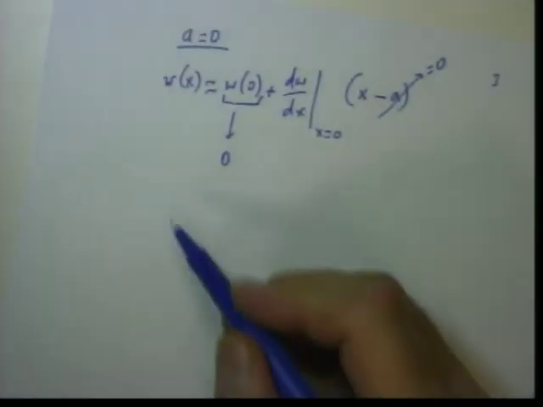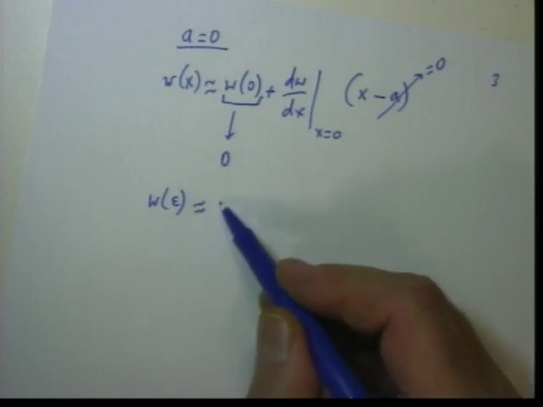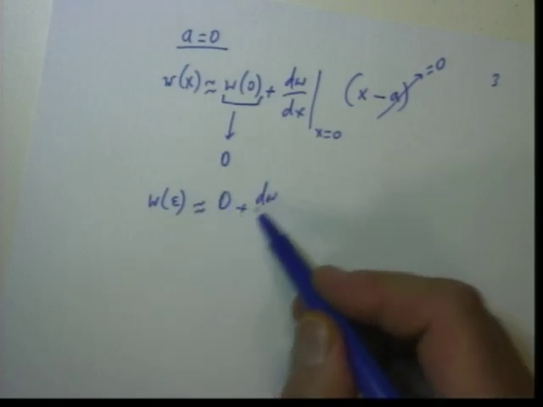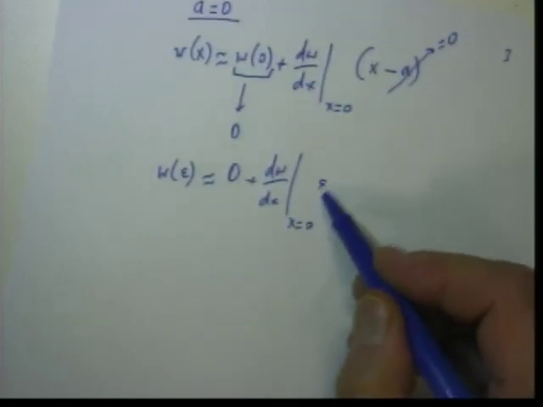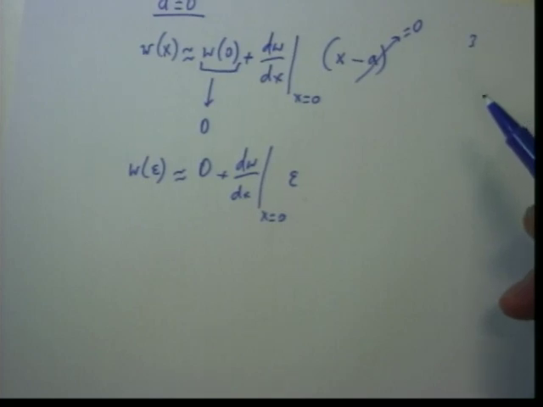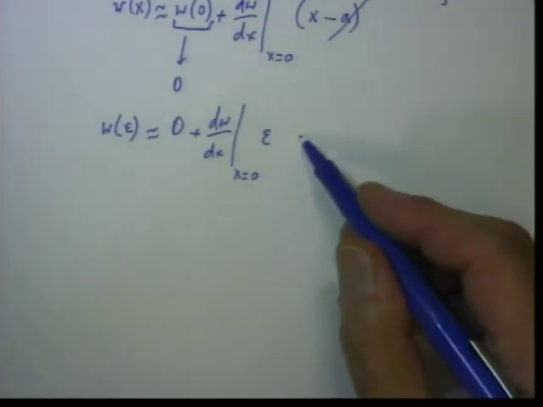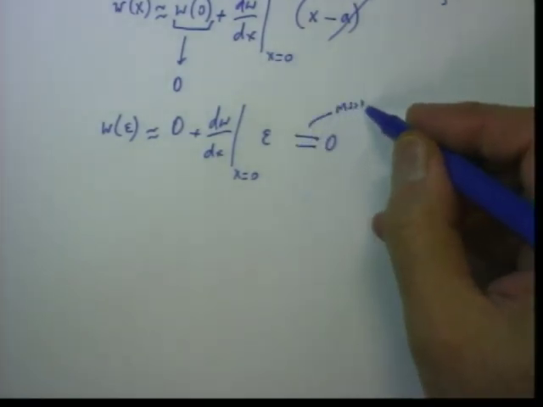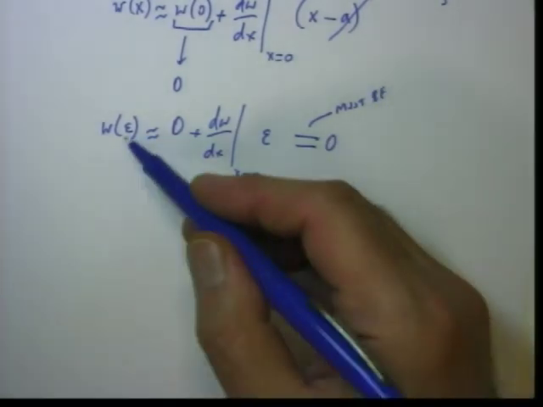So what we have is W at epsilon. W of epsilon is approximately W at 0, which is 0, plus dW dx at x equals 0 times epsilon. So this must be 0. Why? Because W at epsilon is 0.